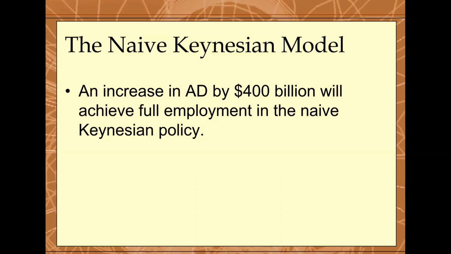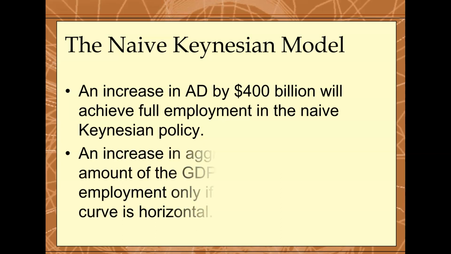And we say that it's naive because we're assuming that when we increase demand by 400 billion, prices will not change. If prices don't change, yes, we will increase output by 400 billion. But what if we increase spending by 400 billion and prices start to go up? That's going to eat away at some of that demand.